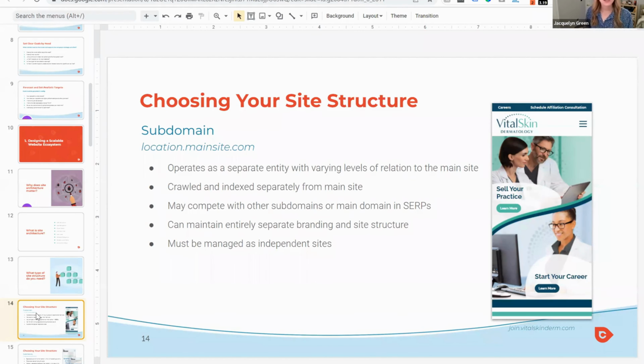If you have separate audiences, such as careers, providers, recruitment versus patients, B2C, actually connecting with someone who's going to receive the service, those are totally different audiences. It's a great use case to have separate entities that are still connected through the main domain. Technically speaking, these are crawled separately, your analytics are separate, your theme is separate.